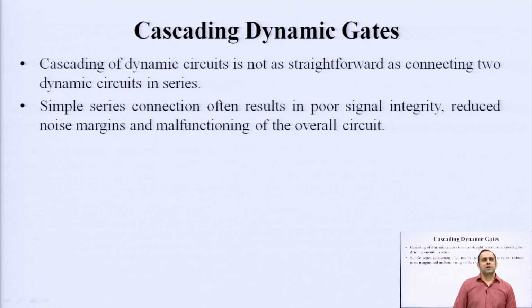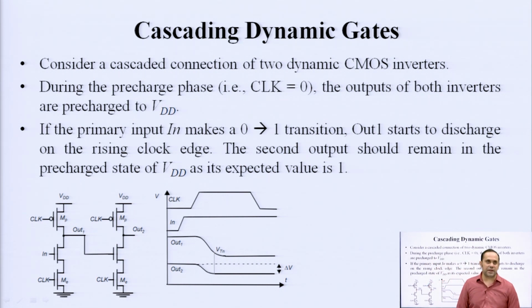If you do a simple series connection, it is possible that the signal strength will be reduced, noise margins will be affected, and overall you might see a malfunction such that the output becomes erroneous. Let us see one example here.